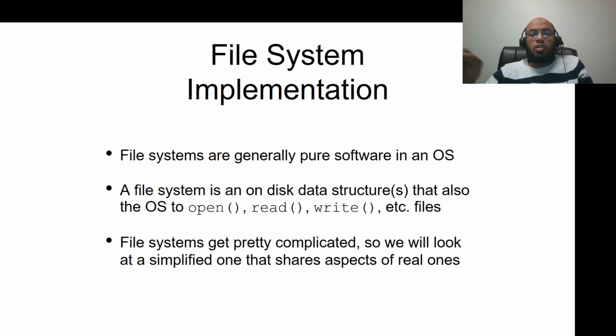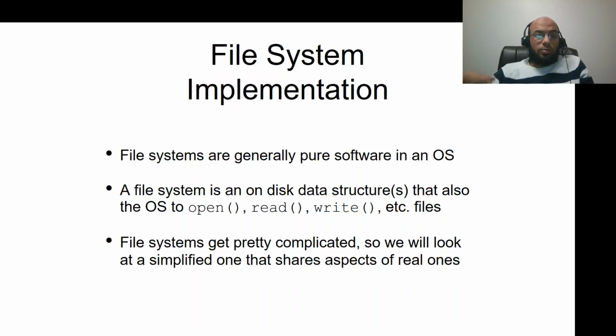Nevertheless, it's mostly pure software. A file system is an on-disk data structure that allows the operating system to open, read, write files. So it's a way to structure the disk to allow us to open, close, read, and write.